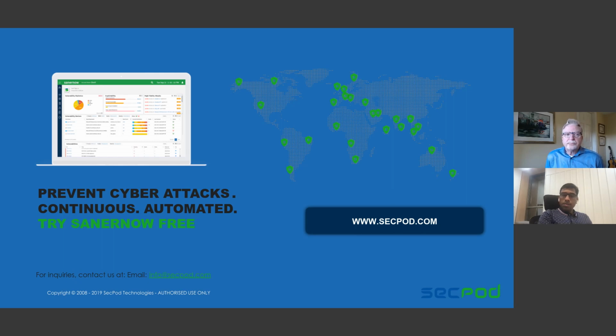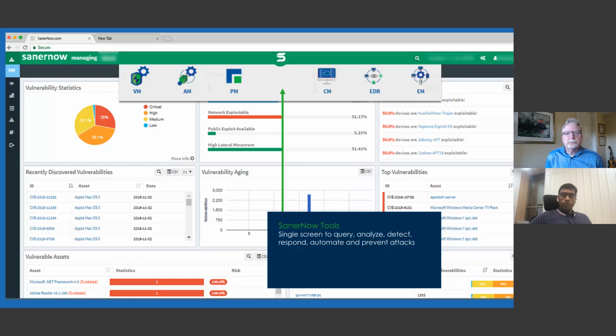Yes, so we made it a modular approach. Each of these modules that you see on the screen, whether it's vulnerability management, asset exposure, or patch management, can be provisioned by our customers and users depending on where they are at. Are they using other tools in their environment already?